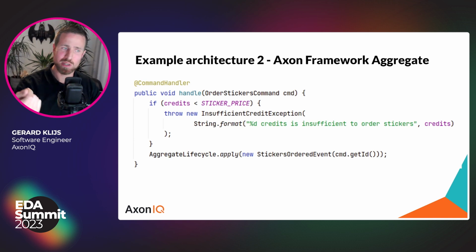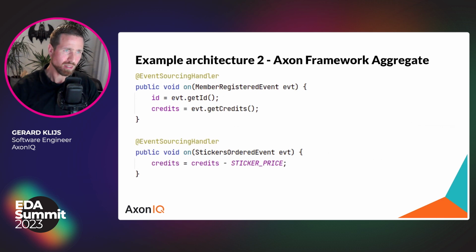Since underneath there will be optimistic concurrency in place, which you get basically for free, because that's already configured for you. And then one of those will fail and the other one will succeed. And this is the event sourcing handler. So that's how you can build up the state. So that's also here where you have the stickers ordered events that will reduce those credits.